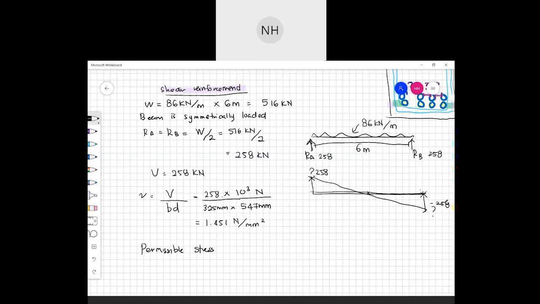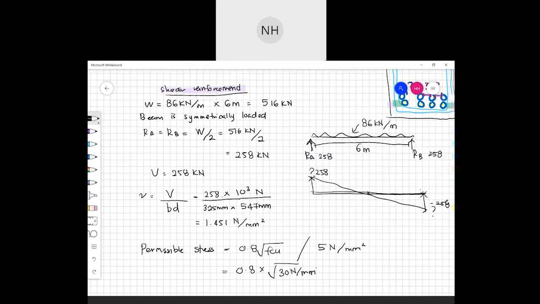So how we going to check that? You know the formula is 0.8 times dengan the square root FCU. Ataupun 5 Newton over mm square. Which one is lower? Okay. Kita kira lah. So 0.8 times dengan square root 30 Newton over mm square.